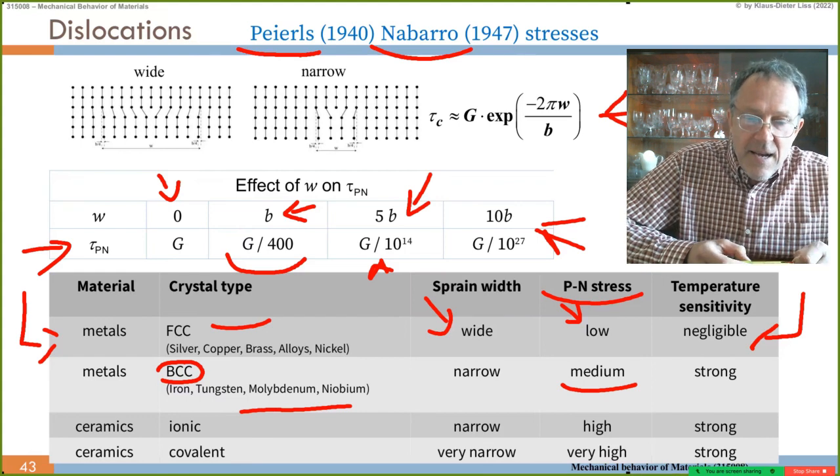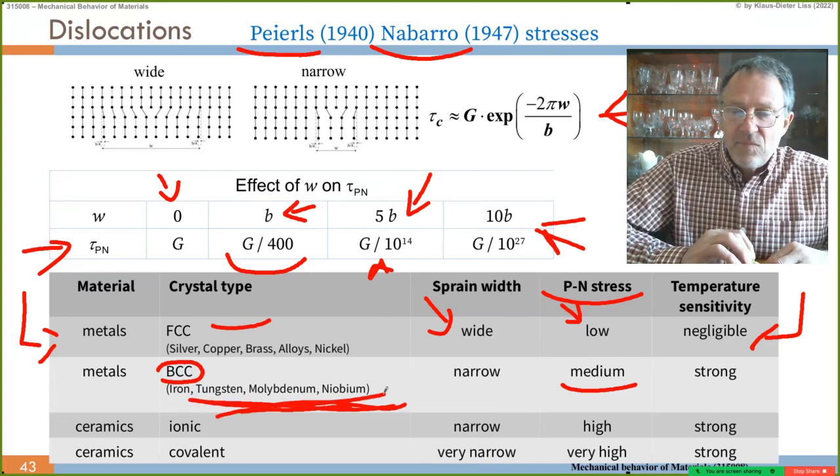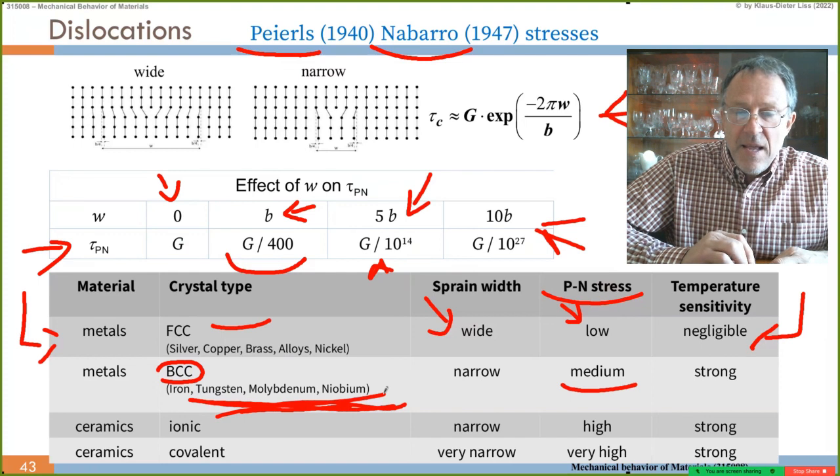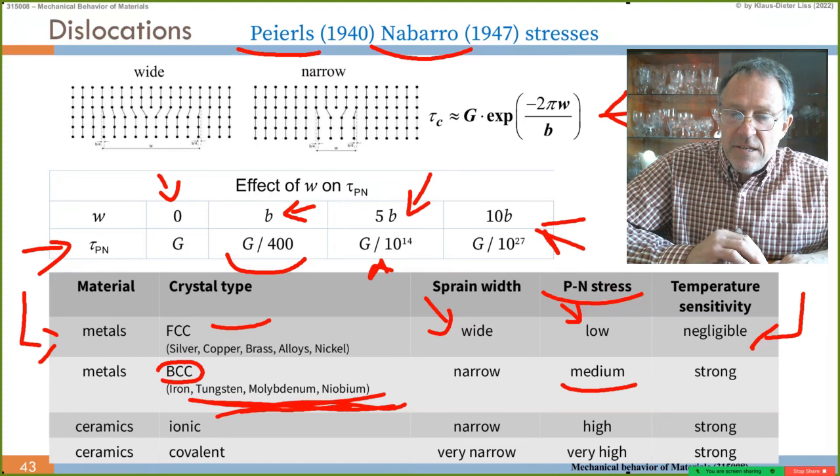Metals like BCC iron or these other metals listed here are pretty hard. They're much harder than the FCC, and this is because the strain width is narrow, and thus the Peierls-Nabarro stress becomes medium. And they also have a strong temperature sensitivity because of activation processes.